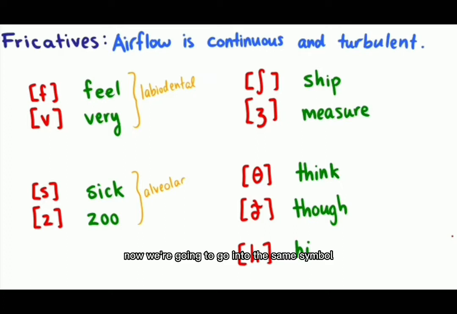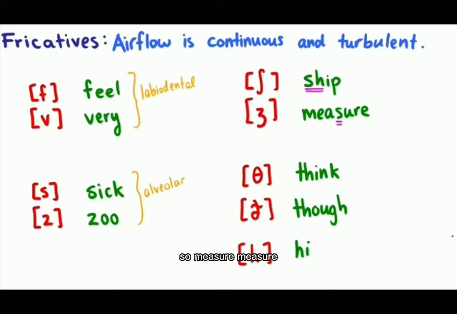Now we're going to go into some symbols that you might not have seen. The first one is "sh" for the sound "sh", like in "ship". This corresponds to the letters sh, "ship", and the other symbol will be a "zh". This is the counterpart with some vocal vibration.